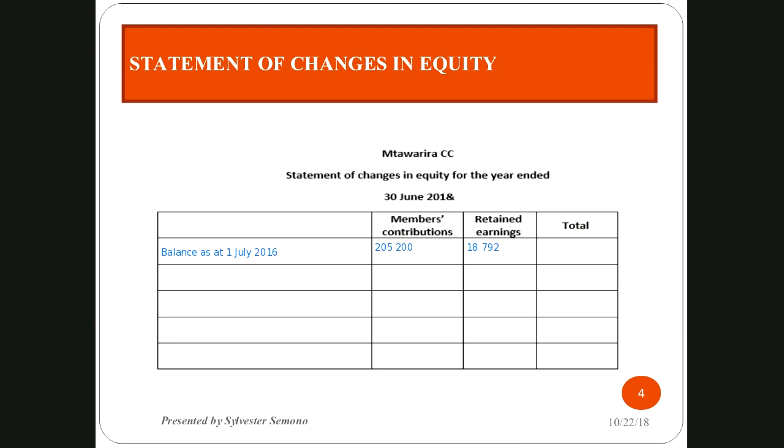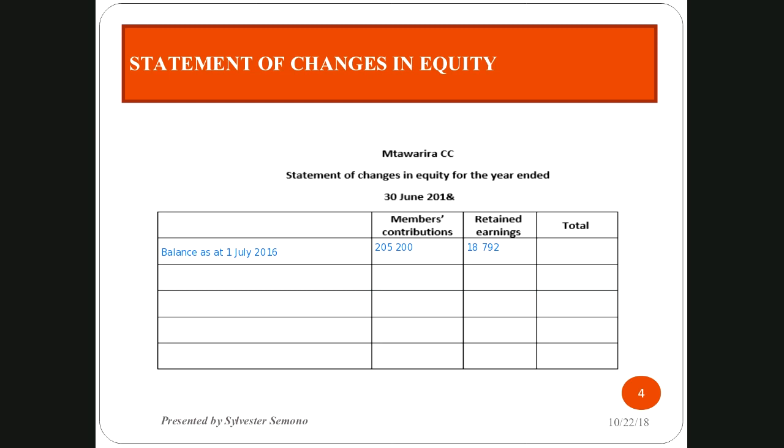Thank you very much for that. I appreciate that. Okay, that is the first thing that you do. As you can see, irrespective of the form of ownership, when you deal with the statement of changes in equity, you always start with what? With the balances. Thank you very much. Auditors, yeah, you're on point, and we appreciate that.